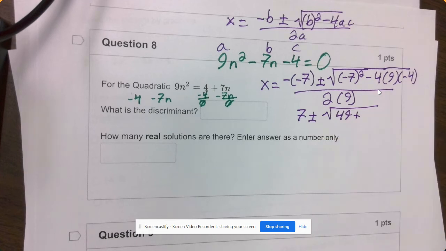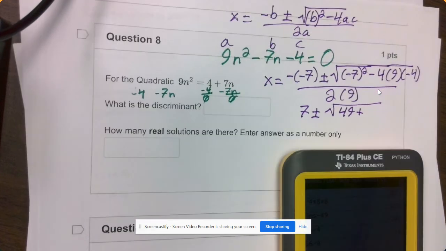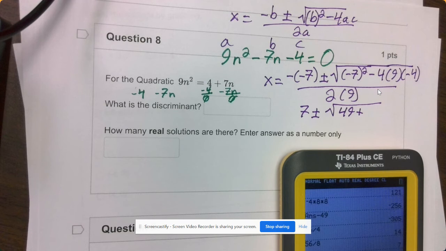So use the calculators, put it in. So we're going to have, maybe you can clear it if you want to. So 4 times 9 times 4. Oh, help if I put times. 144.